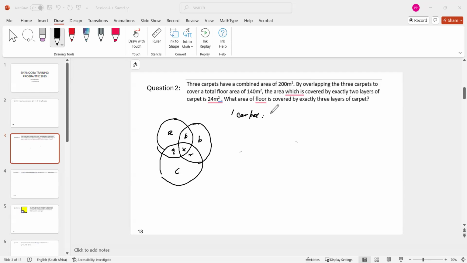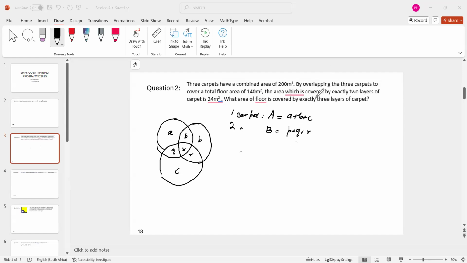Let's call that capital A. This is A plus B plus C. And the area covered by two carpets, let's call it capital B. And that is P plus Q plus R.